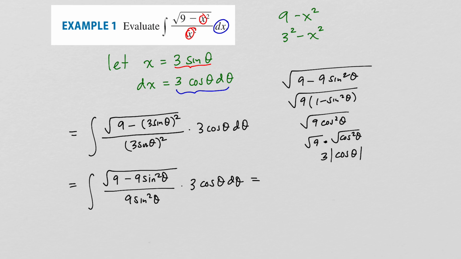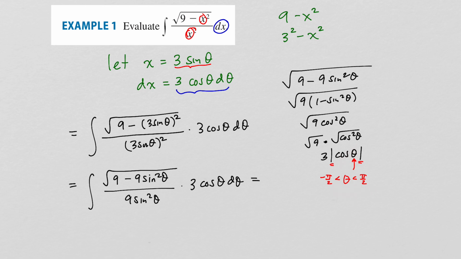Now, it turns out in these substitutions, you can ignore the absolute value based on the domain of theta. In this particular case, theta is always going to be an angle between negative pi over 2 and positive pi over 2, and that means that cosine of theta will always be positive for those values of theta.